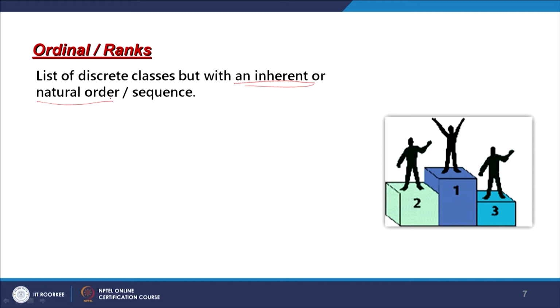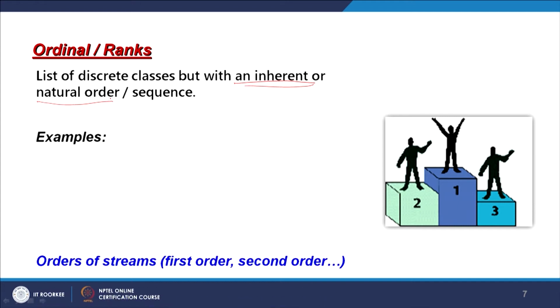If I say first order stream, it means it is having some meaning, because that is where the river originates. And if I say third order, then it means first order and second order streams must have joined, that is why it has become third order. So there is an inherent order or natural sequence.